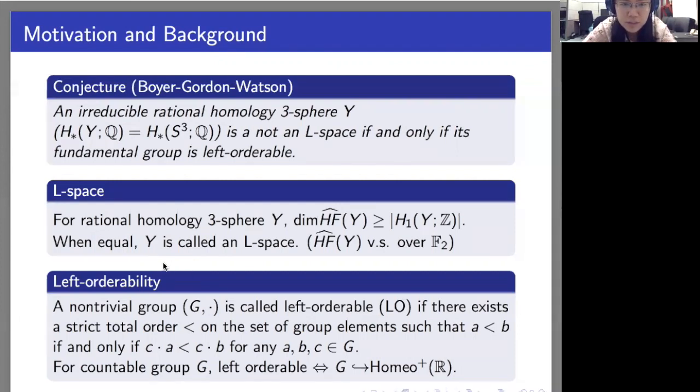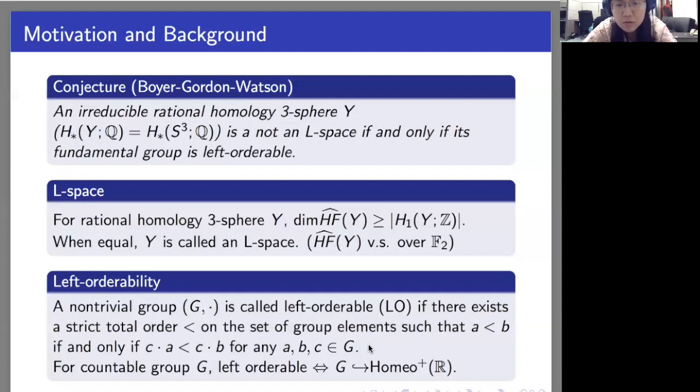Next definition is left orderability. So a non-trivial group is called left orderable if there is a strict total order which is invariant under left multiplication, which means that if a is smaller than b in the group G, then if we multiply any element c from the left, then c times a should still be smaller than c times b.